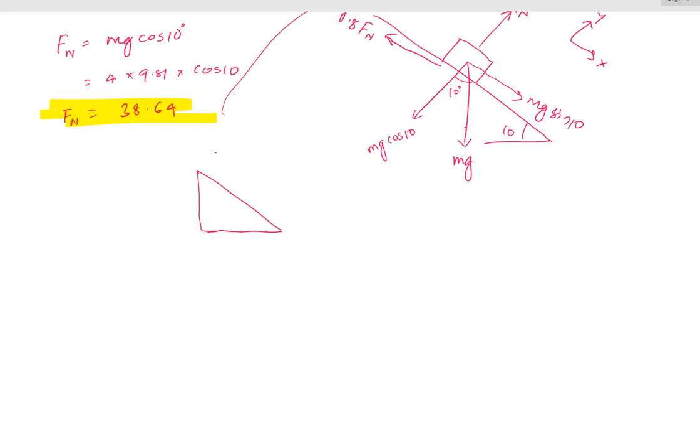If the block slides a length s, then it has covered a vertical height h, with the angle given as 10 degrees.